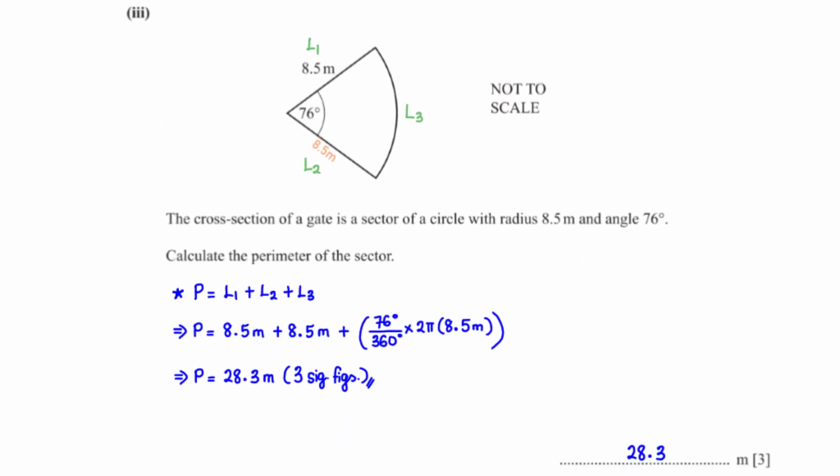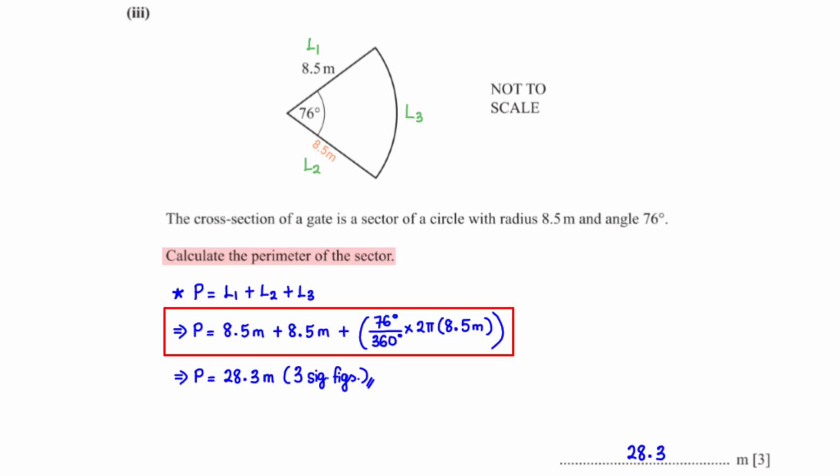The cross-section of a gate is a sector of a circle with radius 8.5 meters and angle 76 degrees. Calculate the perimeter of the sector. The perimeter of the sector is equal to the distance around the shape of the sector. L1 and L2 are the radii of the sector, which is 8.5 meters.